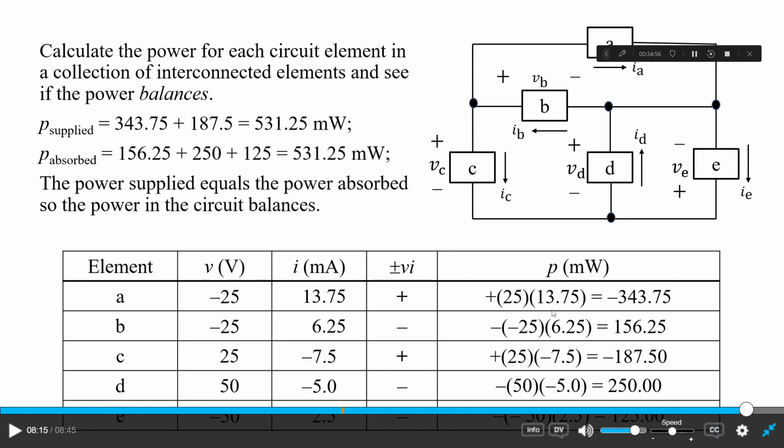Because you have P is equal to V times I. The voltage and I are already given to you. You need to determine the sign of each element.